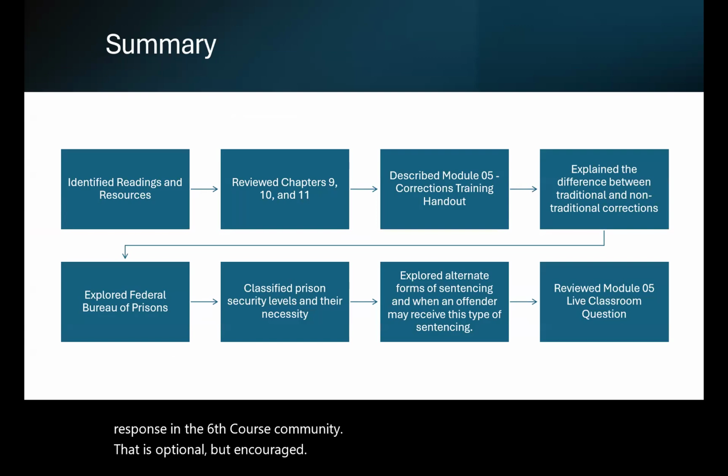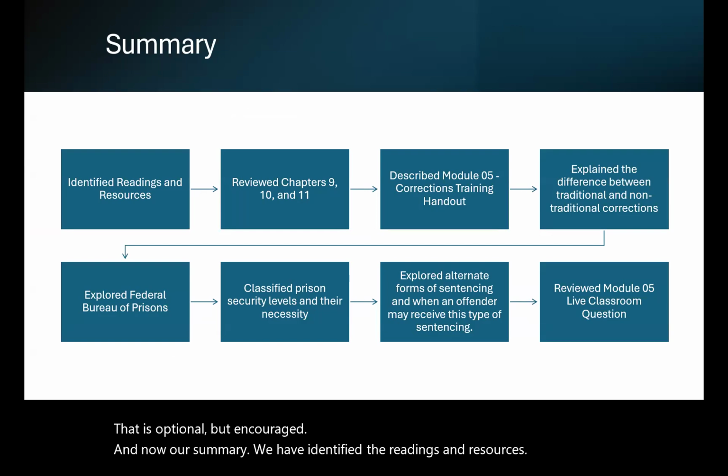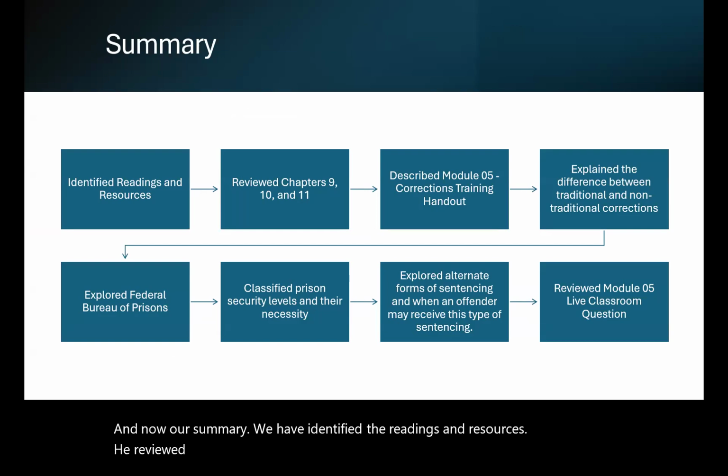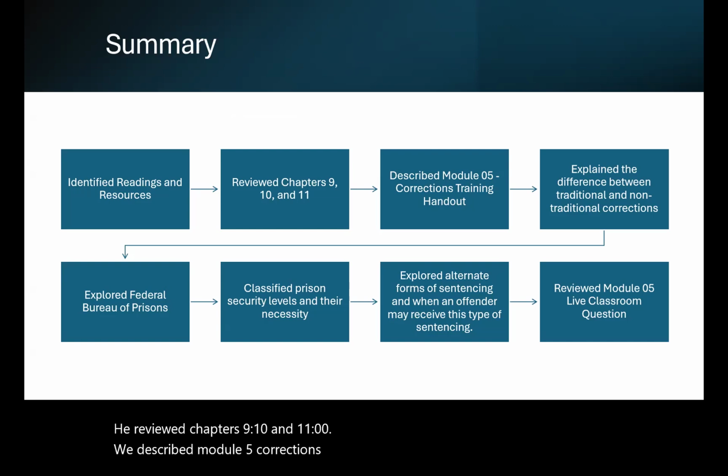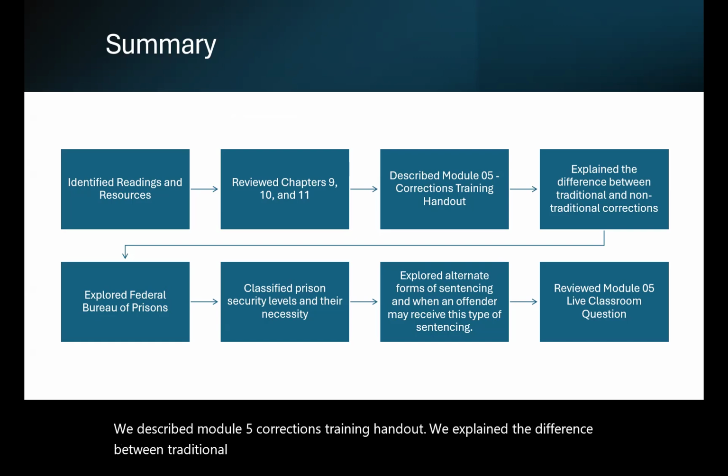And now our summary. We have identified the readings and resources. We reviewed chapters 9, 10, and 11. We described Module 5 corrections training handout. We explained the difference between traditional and non-traditional corrections.